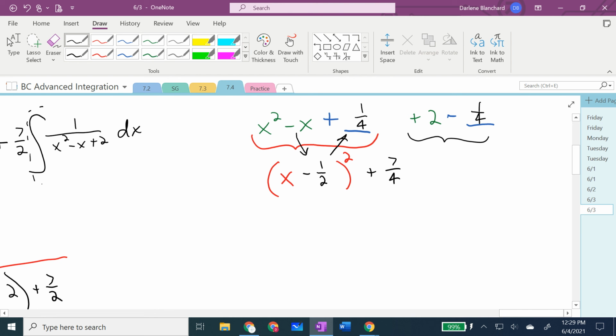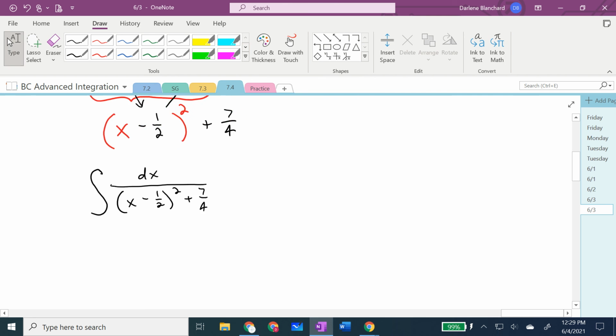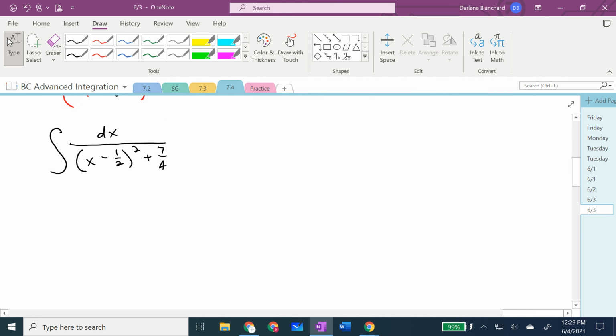And so now I'm focused on this integral right here. And that integral is dx over x minus 1/2 quantity squared plus 7/4. Okay, now I see a sum of two squares.